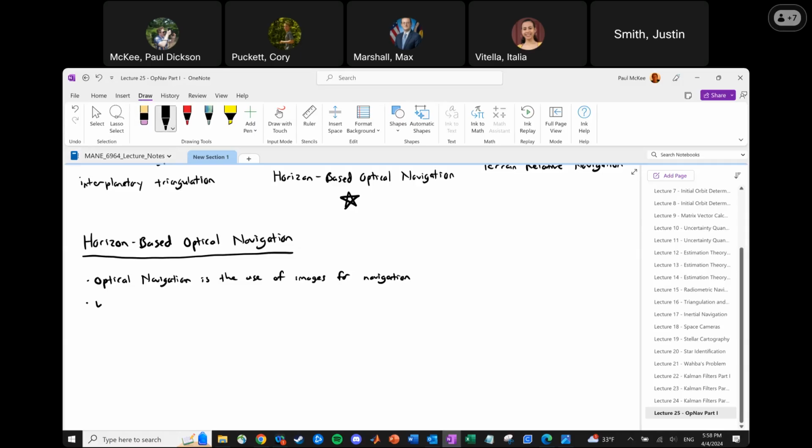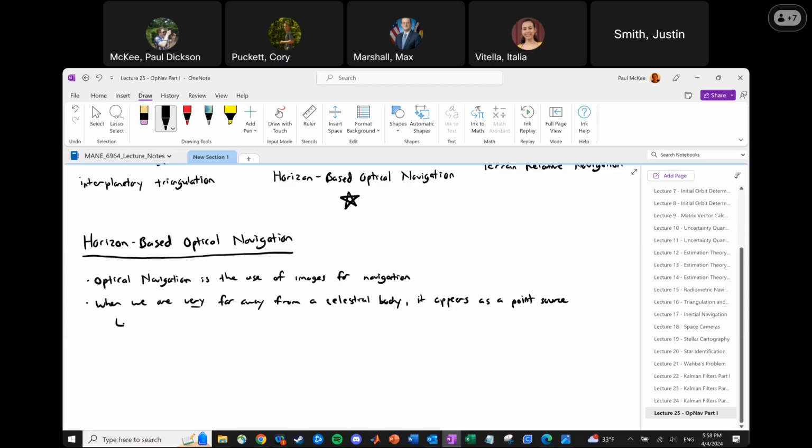So when we are very far away from a celestial body, and I use the phrase celestial body because this works equally well on planets and moons, it appears as a point source of light.